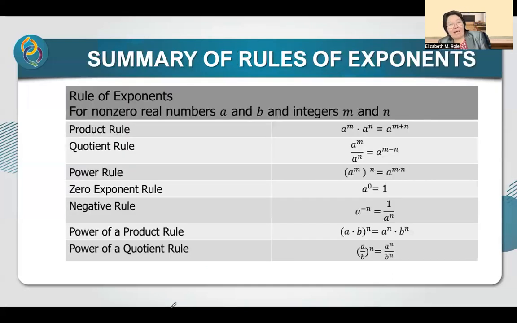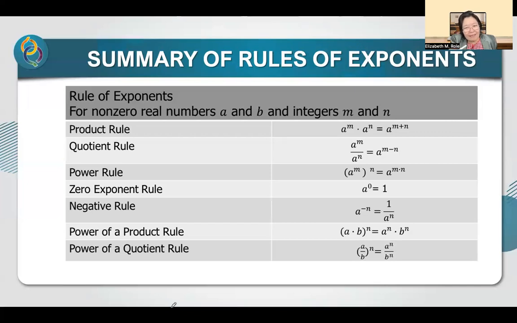Okay, so this is now the summary of all the rules. For the product rule, when you multiply numbers with the same base and different exponents, add the exponents. Quotient rule: divide a common base with different exponents, subtract the exponents. Power rule: a number raised to a power raised to another power, multiply the two powers.